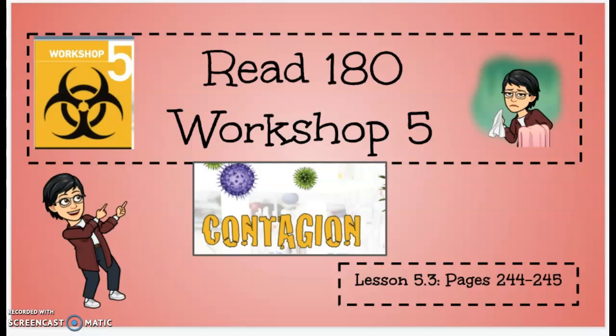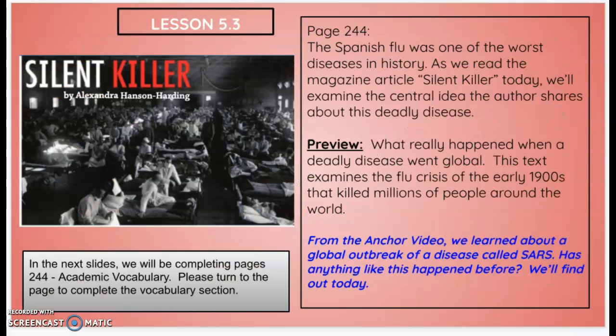So if you could turn to page 244 to start with. We will be looking quickly at this and previewing this picture. So I want you to take a peek at it as we go through some of the preview and background information. So if you look on page 244, the Spanish flu was one of the worst diseases in history.